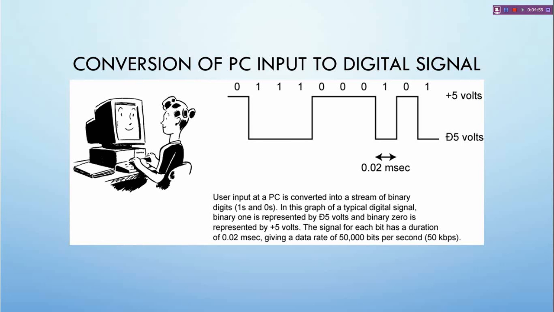The 1 is represented by -5 volts and 0 is represented by +5 volts. The signal for each bit has a duration of 0.02 millisecond, which gives a data rate of 50,000 bits per second, 50 kilobits per second. This is the data rate.